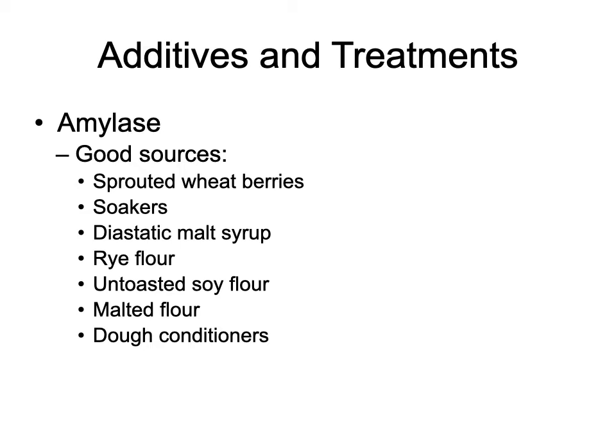Any malted flour, going back to that malt syrup, will help to increase that amylase activity. And then there are special dough conditioners you can buy. They're commercial products that you can add, let's say, a certain small amount to a full batch of dough, and it will improve the handling qualities, improve the shelf life, and improve the overall appearance of your loaves.